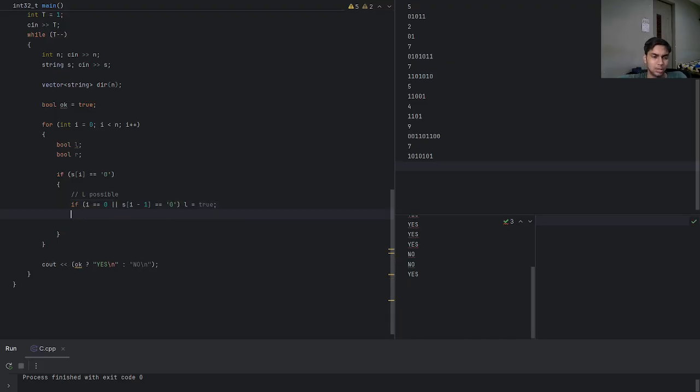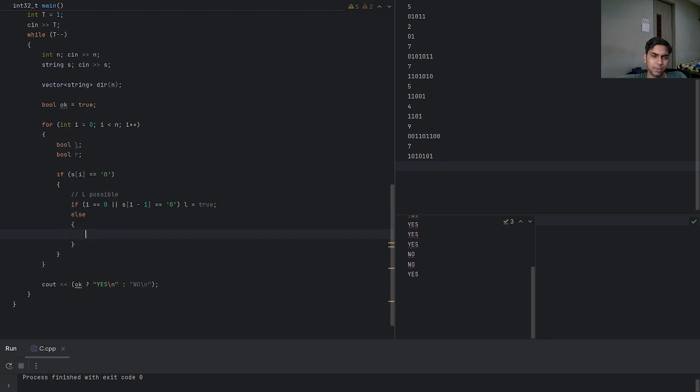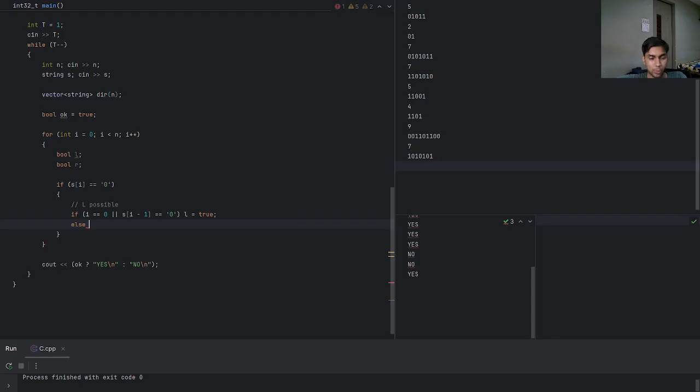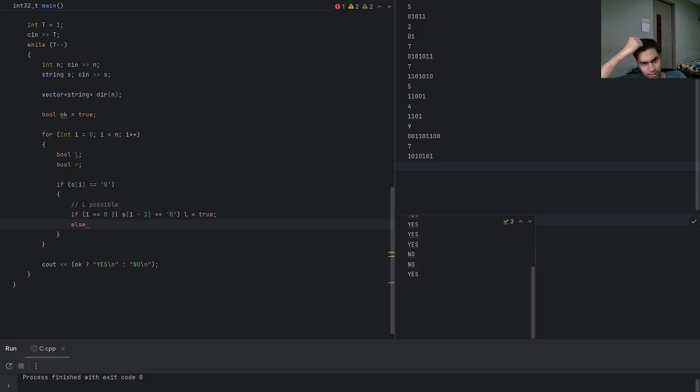right? So we come here, we say else. No, wait a minute. The previous one is this thing. We also have to check whether this is or isn't. Okay, I think I should just divide this into this one.